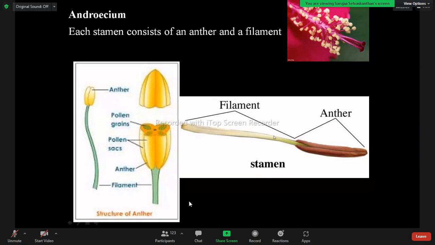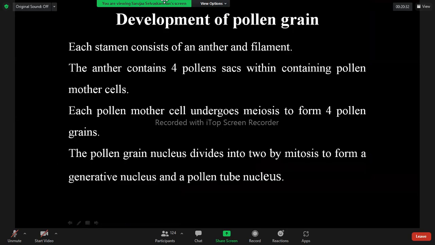These both are called together as stamen, right? In the anther, we can see there are 4 pollen sacs. Within that, the pollen grains are there, right? This is a simple structure of anther. Filament is there. Anther is there. In the anther, there are 4 pollen sacs. Under that, pollen grains are there. Right?